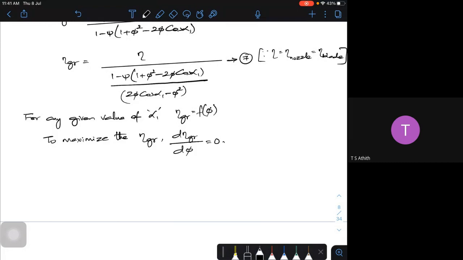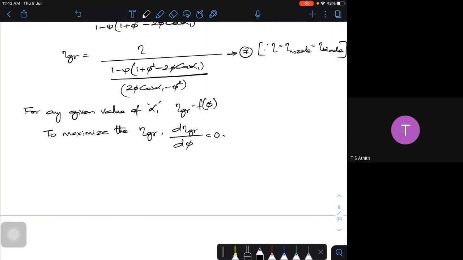To maximize this efficiency, we will try to do this. The gross stage efficiency is differentiated with respect to phi and equated to 0. Can you do the differentiation and tell me the value of phi?